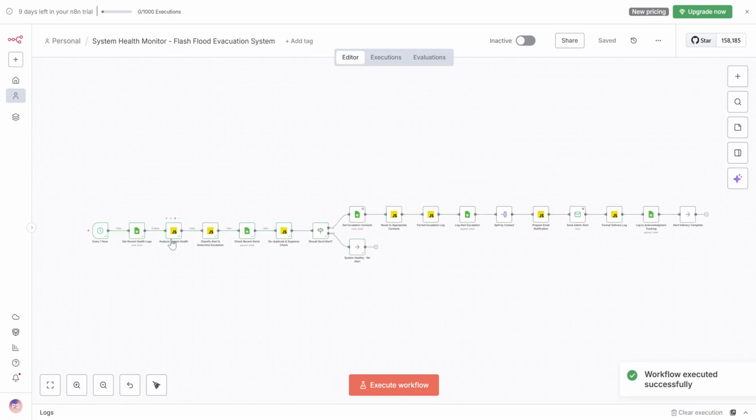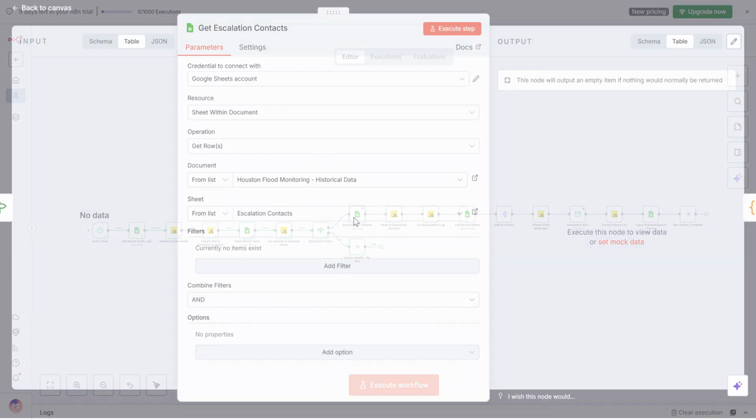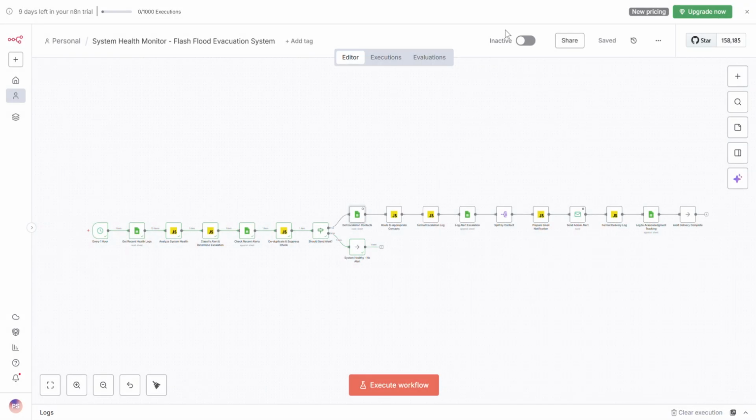It will analyze the system health, classify the alert and determine the escalation. And if it passes, then there will be deduplication, and then there will be a bifurcation on whether the alert should be sent or not. If it should be sent, it would be sent to the important contacts, emergency escalation contacts. It would be routed to the appropriate contacts.